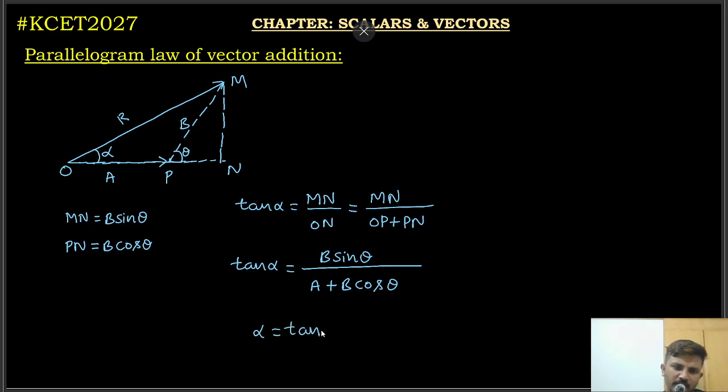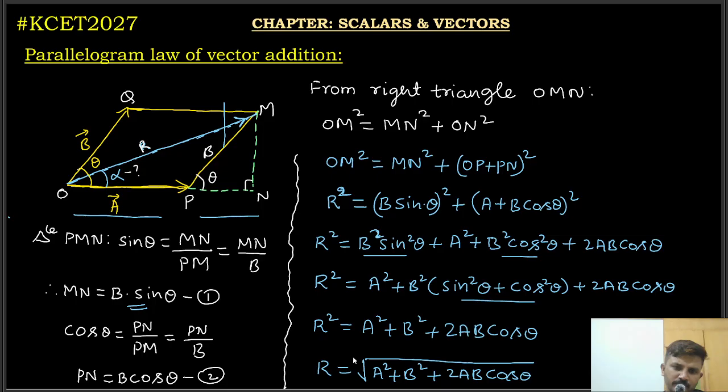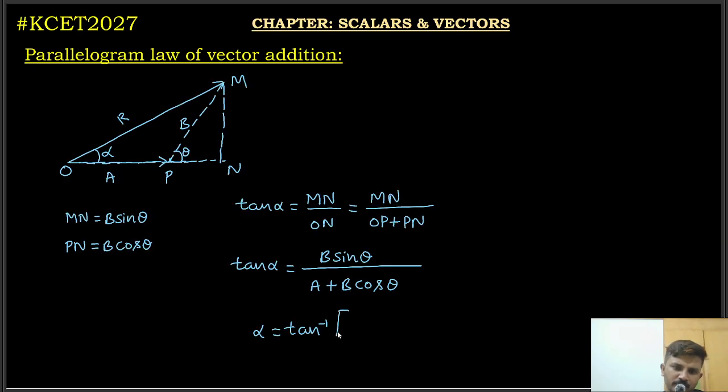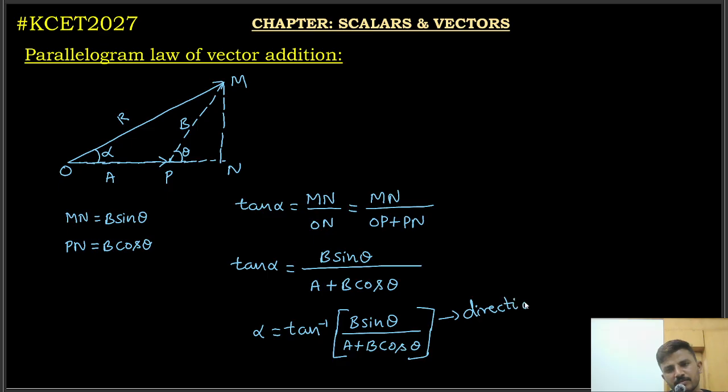So that is tan inverse of B sin theta divided by A plus B cos theta. So this formula gives you the direction of resultant vector.